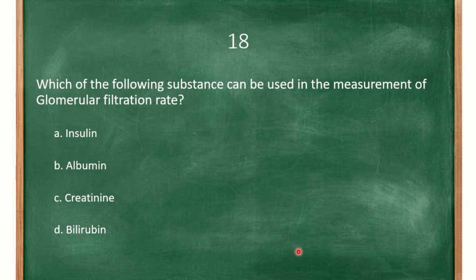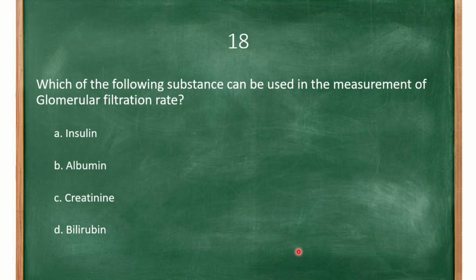If you look at inulin, you have to infuse it intravenously. That makes it very complex and costly. Albumin cannot be used to measure eGFR. If you are having albumin in your urine, it's a bad situation for you.